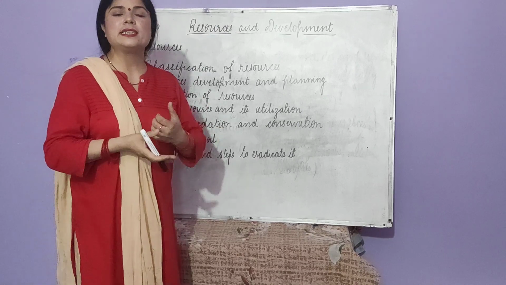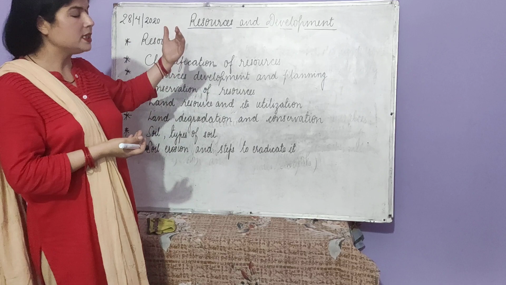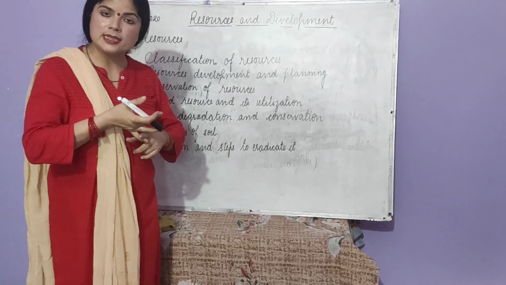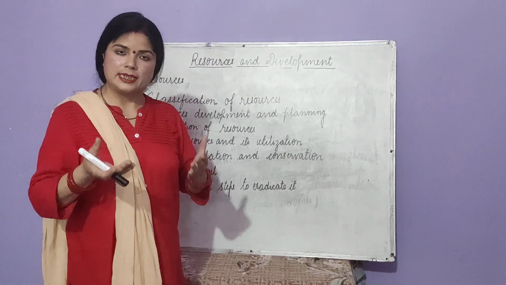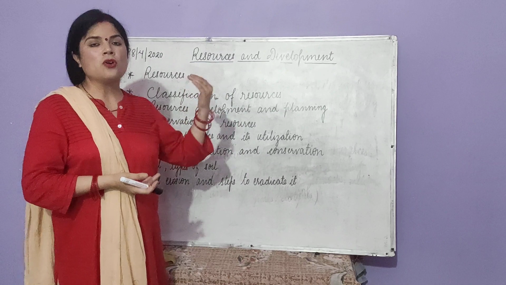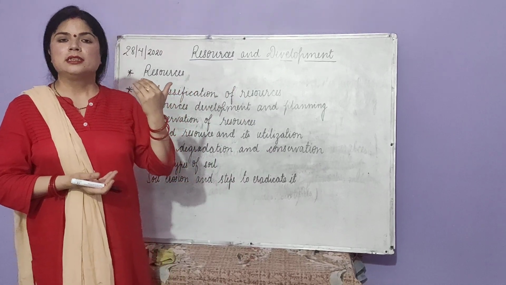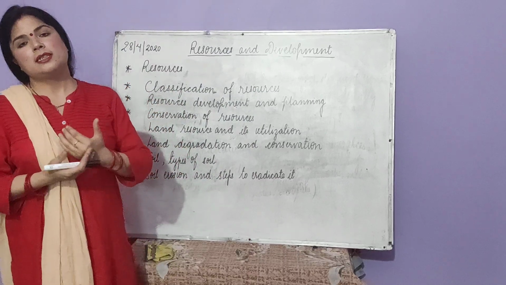So finally we can say there is a very good correlation among all these things: resources, human beings, technology and institutions. The combination of all these things is important to use these resources in a proper way.